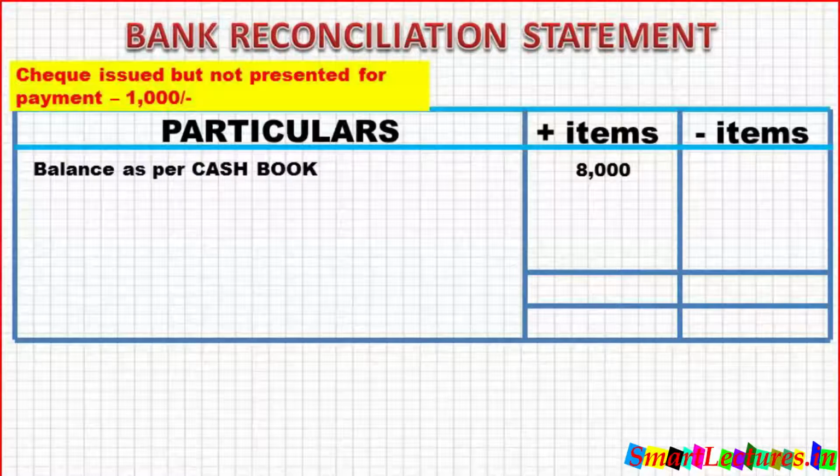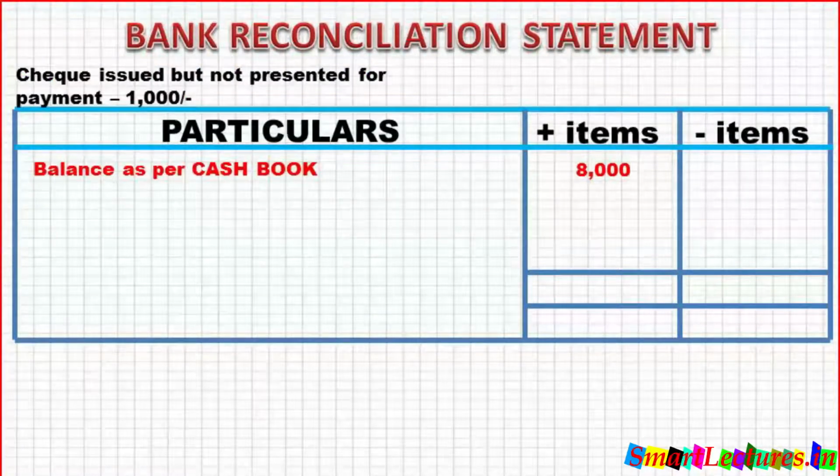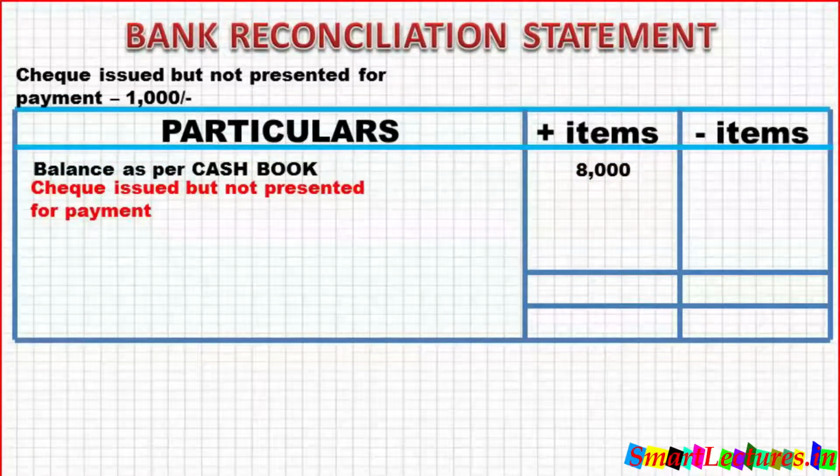Number 1, in the bank reconciliation statement, first of all you have to write down balance as per cash book 8,000, and then you have to write down check issued but not presented for payment. Now the problem is whether this 1,000 rupees will be written in the plus column or minus column.